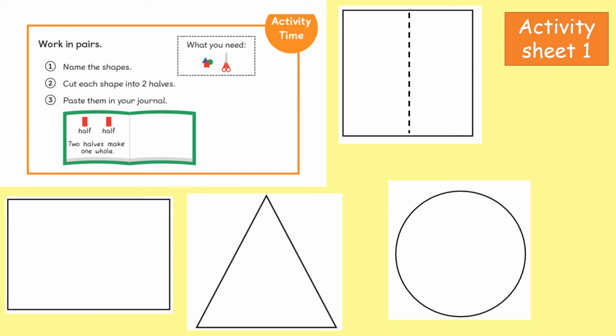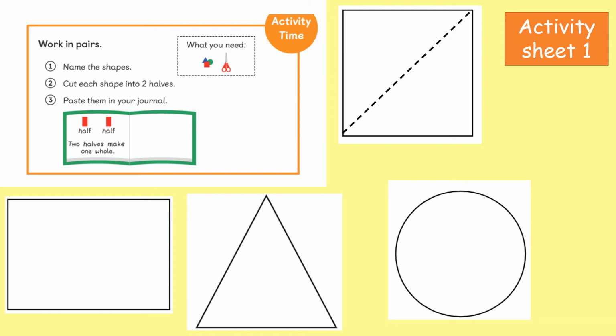So maybe you've done that. Maybe you did it another way. Maybe you did it this way. Because again, you'll have two parts, two halves that are exactly the same. You could have done it another way though. You could do it this way, and you'd have made two triangles. Two halves that are exactly the same.